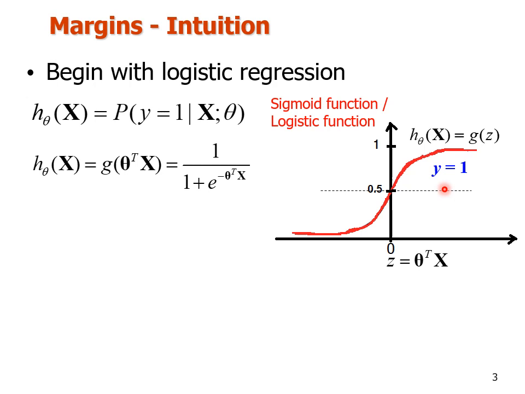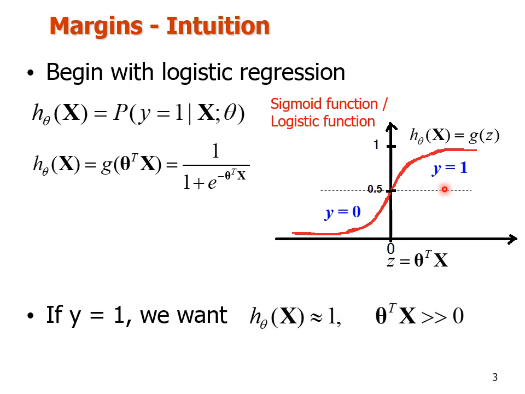Or to summarize the things, we may say that to predict the label as y equal to 1, we want our hypothesis h theta x as nearer to 1, or in other words, we expect theta transpose x is much greater than 0.